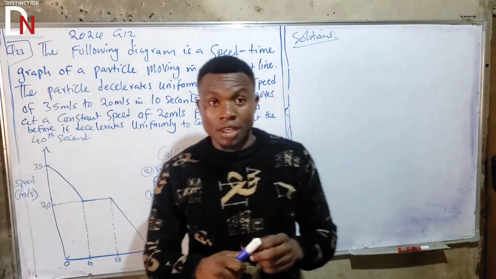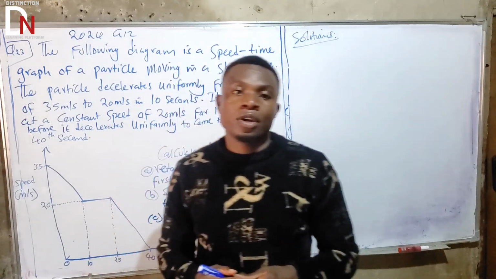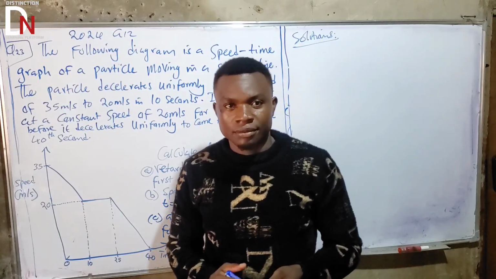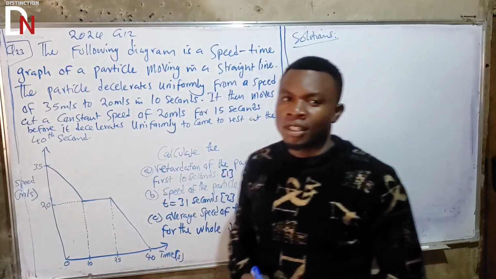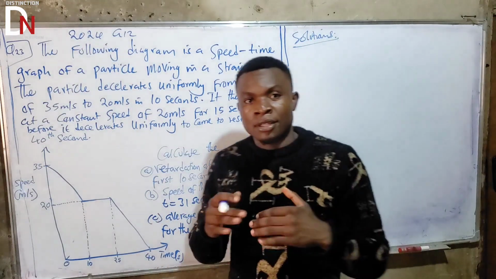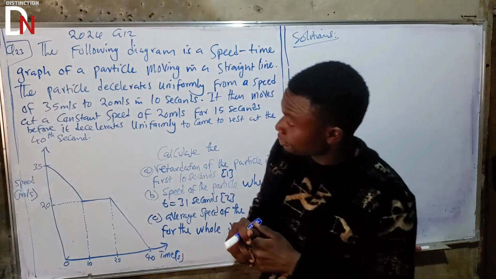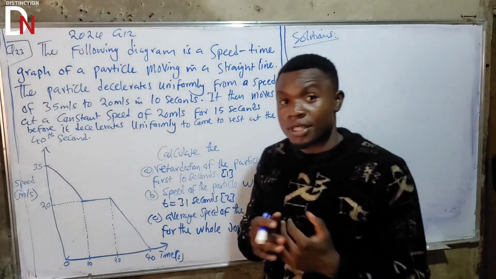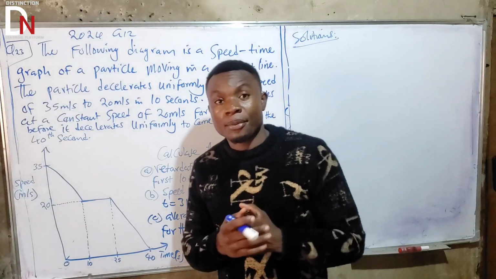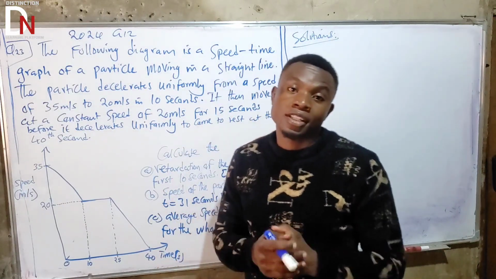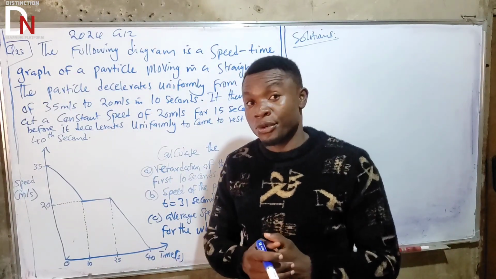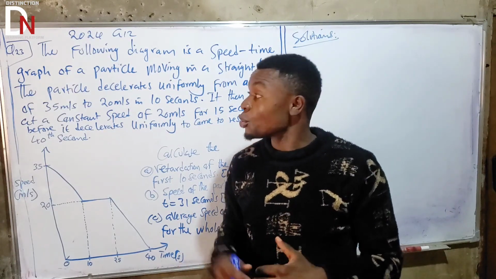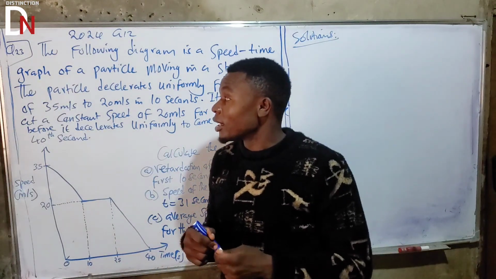In this video, we are going to solve an examination question on the speed time graph. This question is very important, and each one of you should know how to solve it.